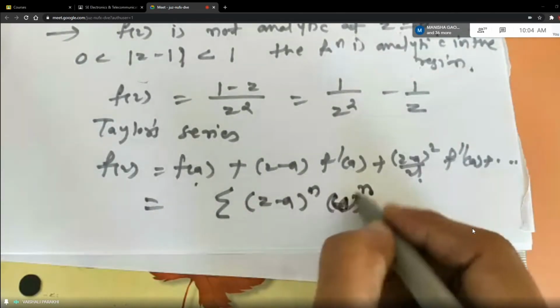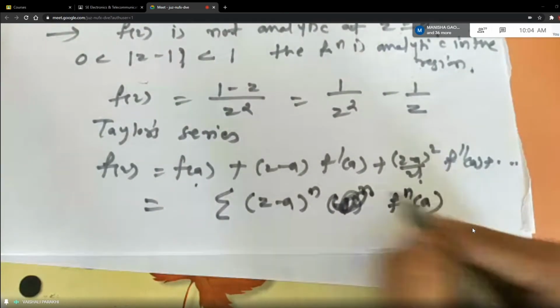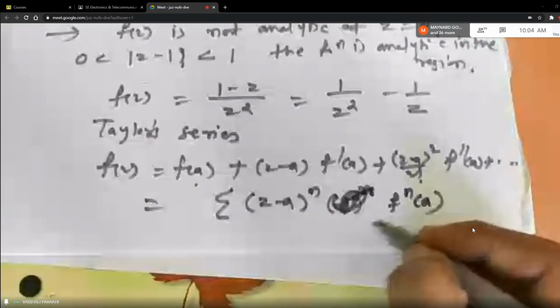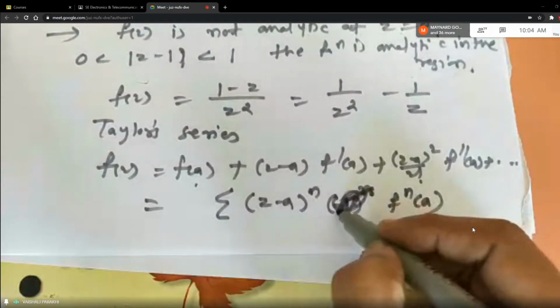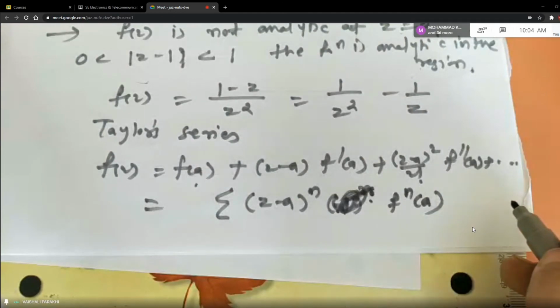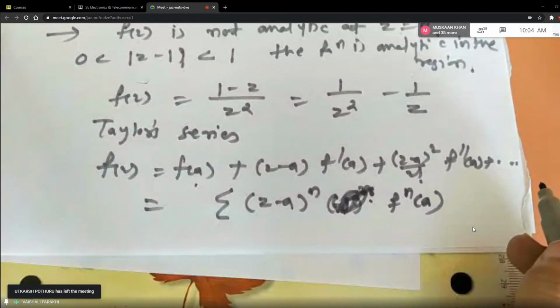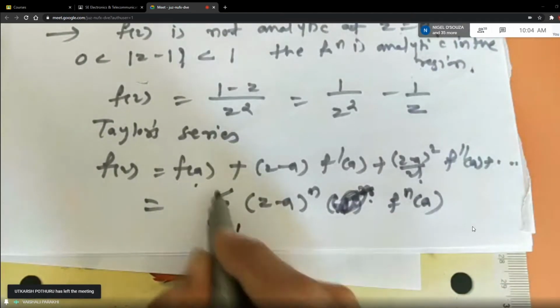Or directly what you write? Z minus 1 raised to n into nth order derivative of a. If it is coming in the nth term, minus 1 raised to n, then you consider. Otherwise, it will be nth order derivative of a. Now, n is from where to where? N is always from 1 to infinity.